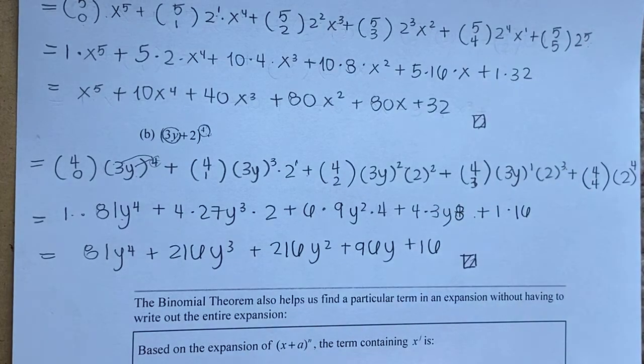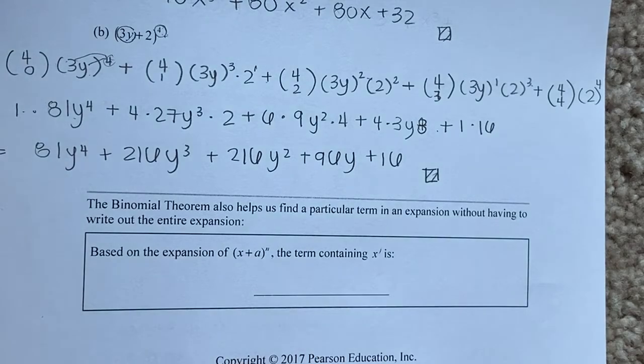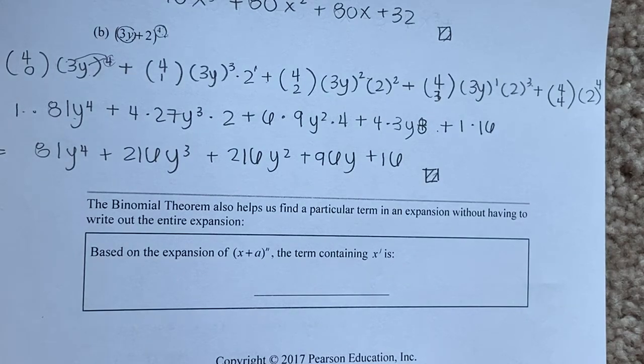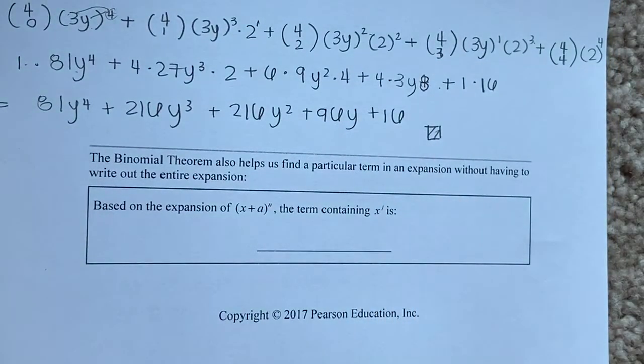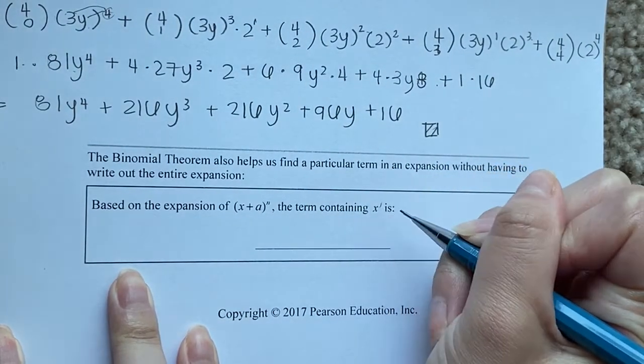Hopefully not. The binomial theorem also helps you find a particular term in an expansion without having to write the entire expansion. Based on the general expansion, x plus a to the power of n, the term containing x to the power of j is the following. Please note that this is a j; I know it's super small here in the video.